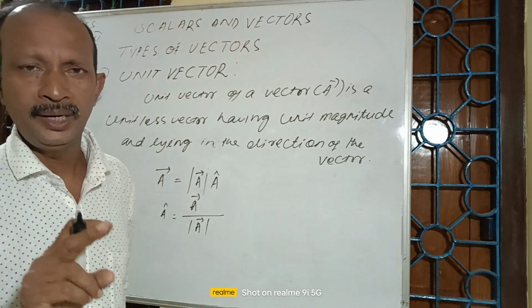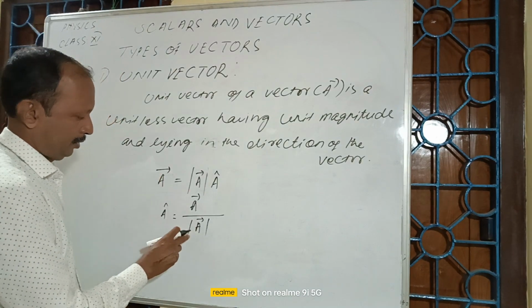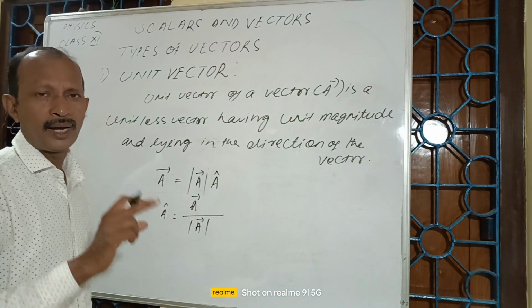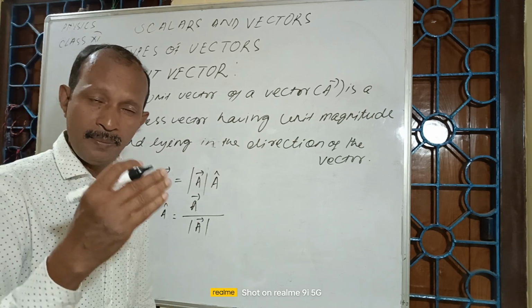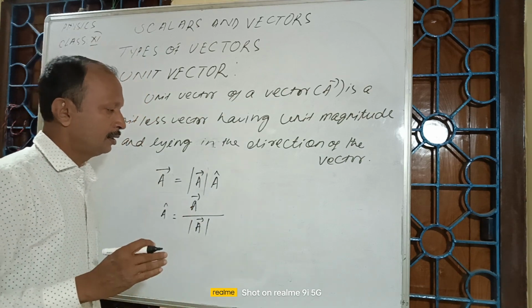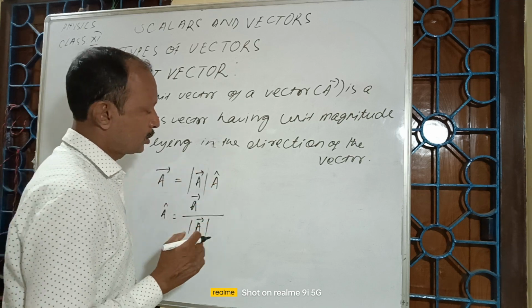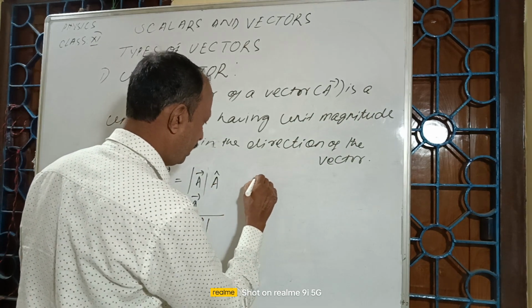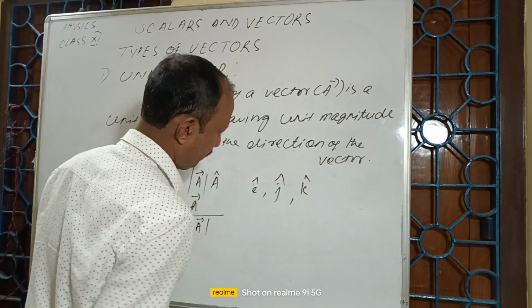So unit vector means a vector having magnitude 1. It represents the direction only. To express the direction, generally we use i cap, j cap, k cap.